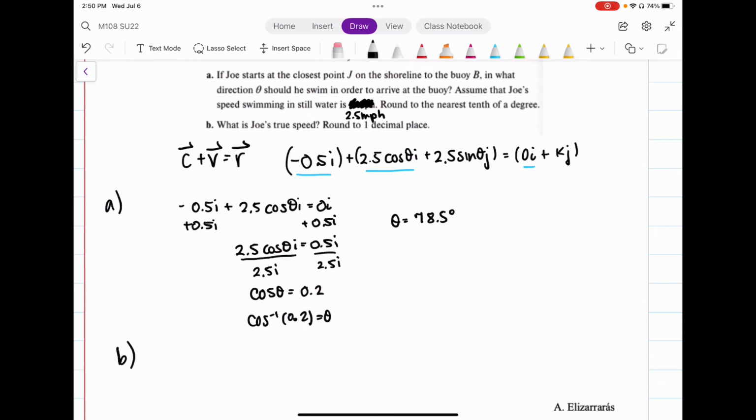Now, Joe's true speed is found by calculating the resultant vector, which is kj. So I can now take the j components and set them equal to each other. 2.5 times the sine of theta times j is equal to k times j. Let's solve for k, but also let's substitute in theta. We know theta now.